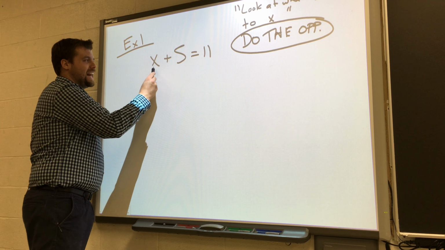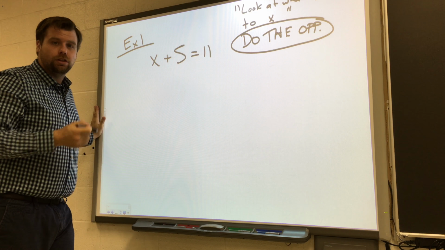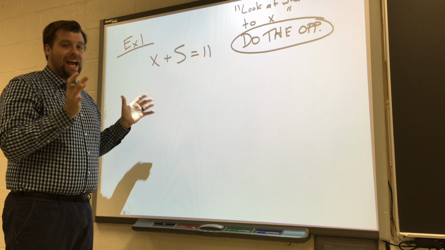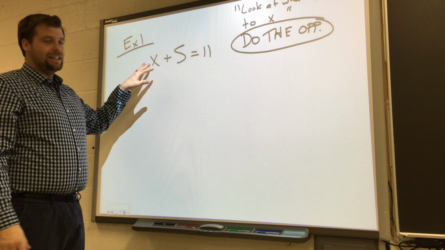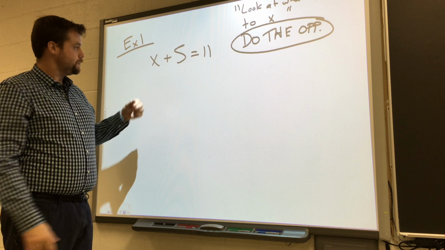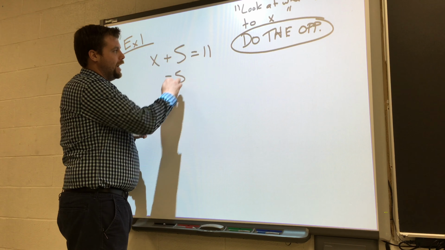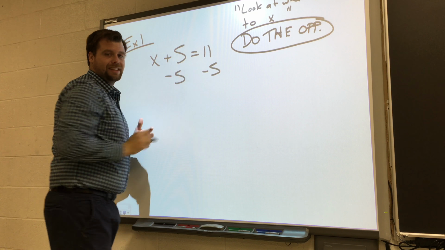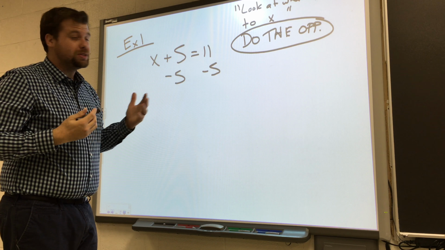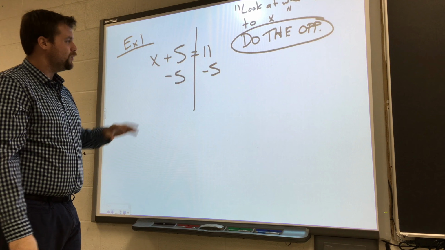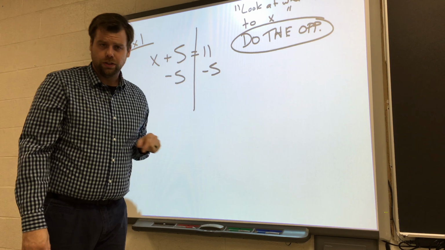For example, right now x is being added by 5. So if I want to solve for x, I want to get x by itself. So I need to take this plus 5, and the opposite of addition is subtraction. I need to subtract 5 from both sides of the equation. The equal sign marks the middle of the equation, so whatever I do to the left, I have to also do to the right.